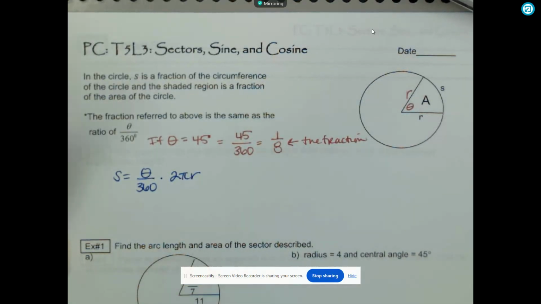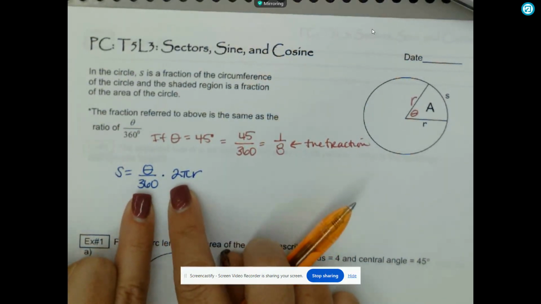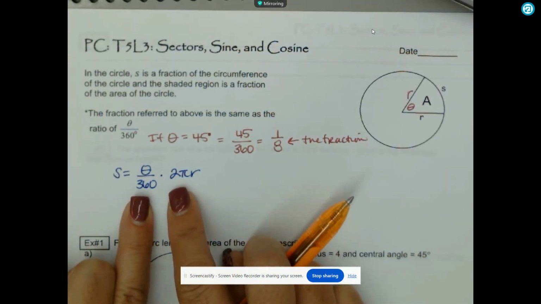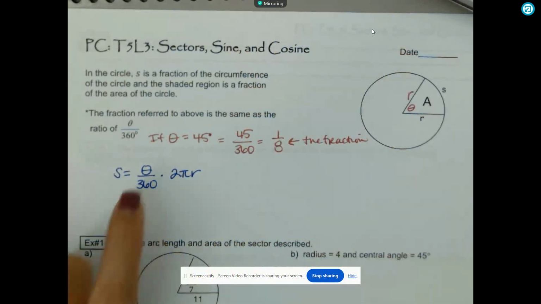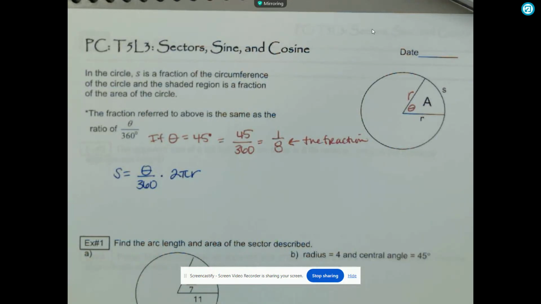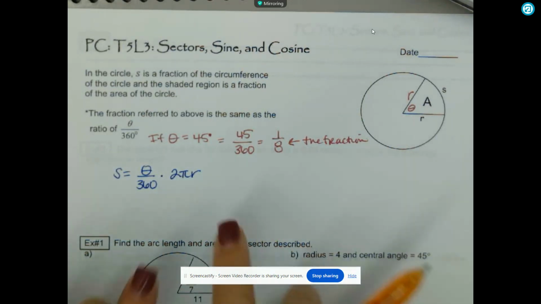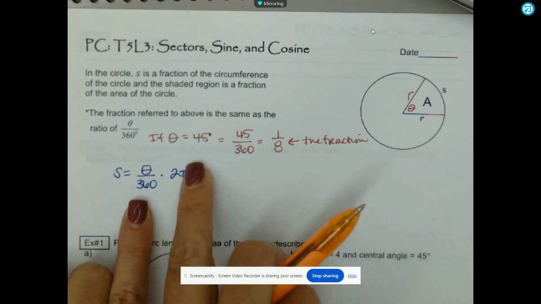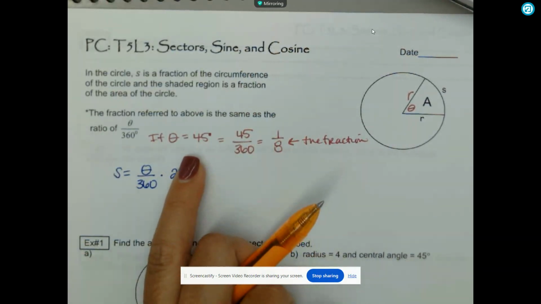Let's talk about some logistics here, because we can simplify this out to make a really easy formula. 360 degrees and 2 pi, are they equivalent? Like when we did our unit circle, right? We got 360 degrees. If we go back around, is that the same as 2 pi in radians? Yes. I know they're in different modes right now, one's in degrees and one's in radians, but they're ultimately equivalent.